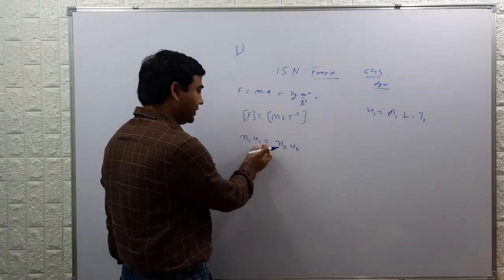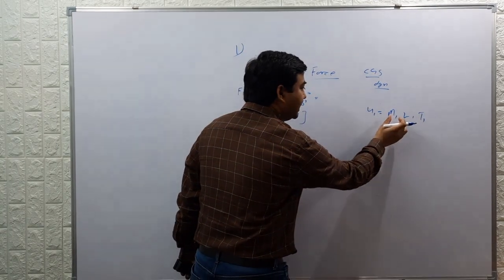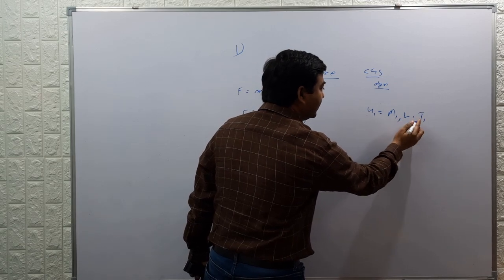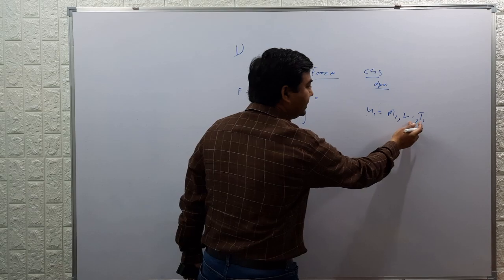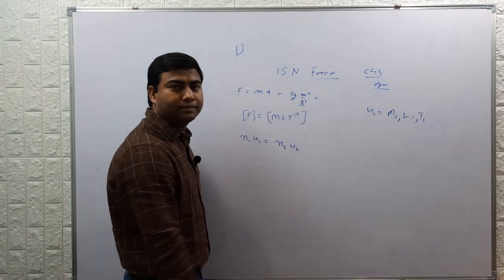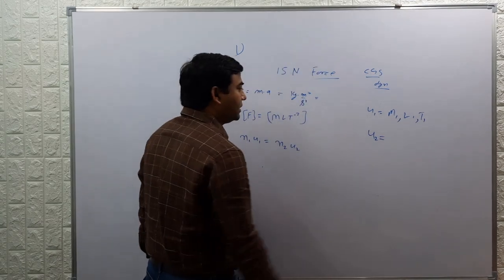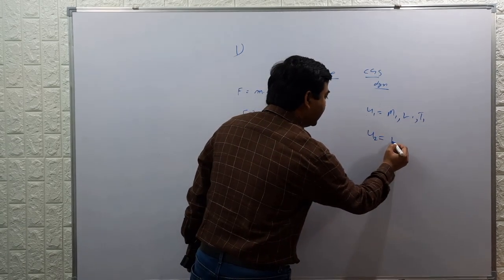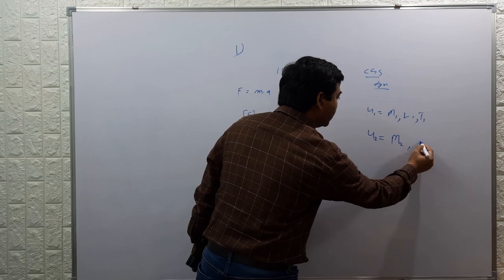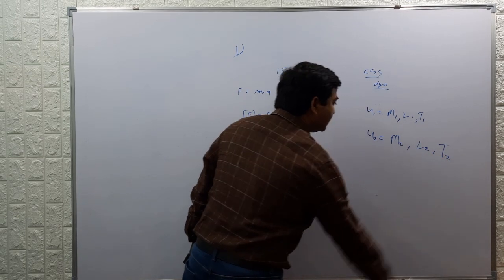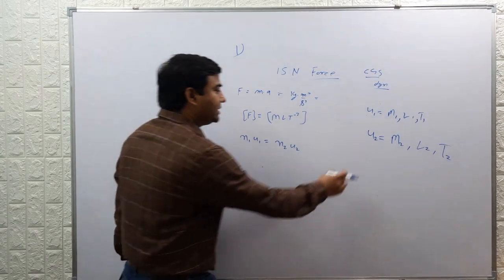In system U1, we represent mass as M1, length as L1 and time as T1. In the U2 system, mass is represented as M2, length as L2 and time as T2, that is the CGS system.